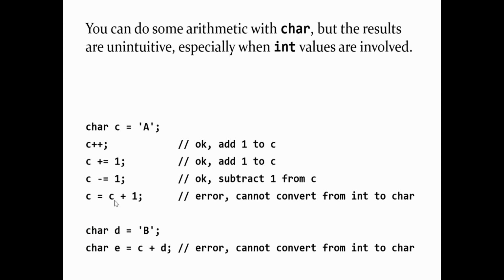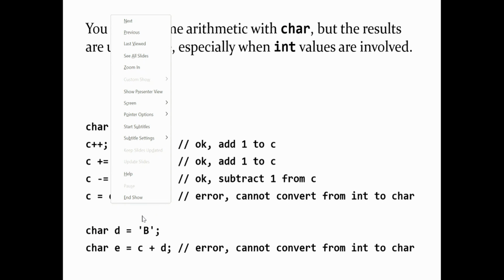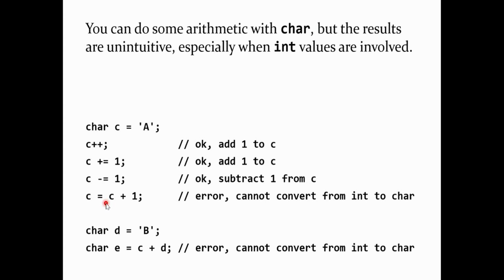This is because of the way the rules of arithmetic work when you use what are called mixed types in Java. When the compiler sees an arithmetic expression like c + 1, it has to decide how it is going to compute this value.